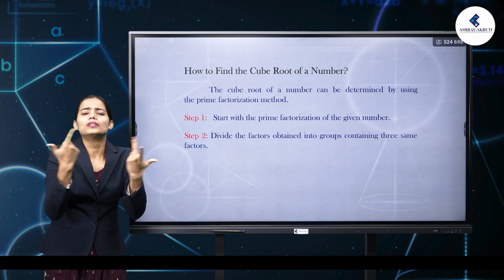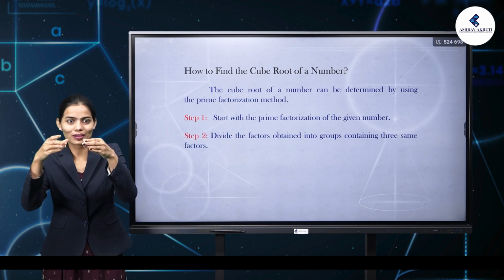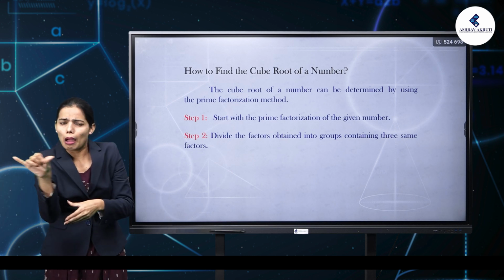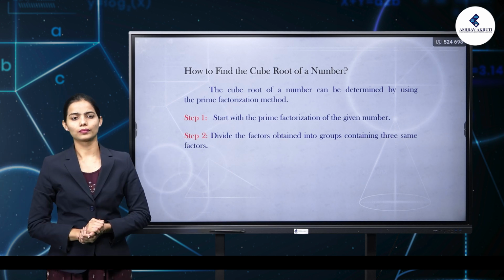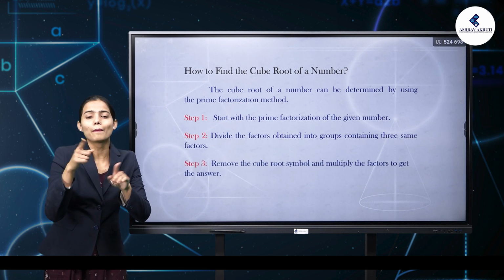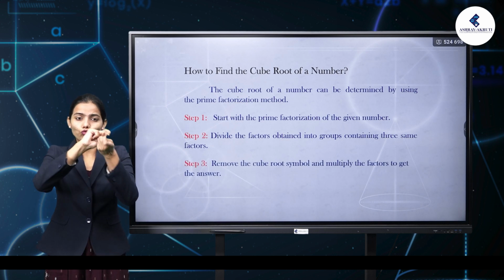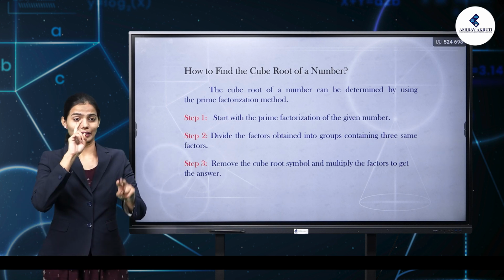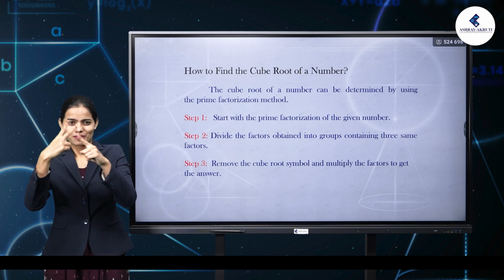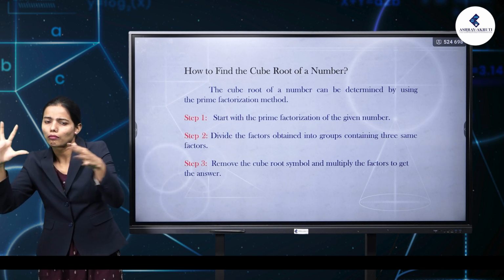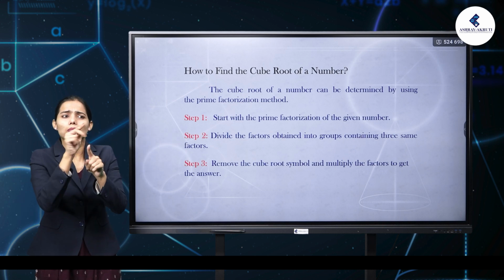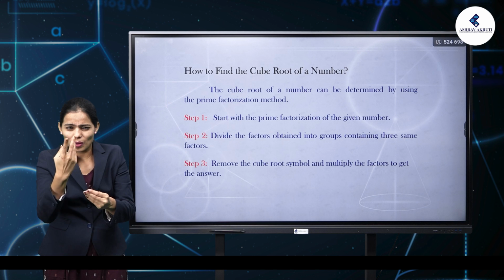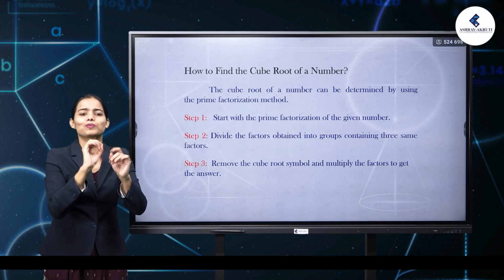Then divide the factors obtained into groups containing 3 same factors. Step 3. After that, remove the cube root symbol and multiply the factors to get the answer. If there is any factor left that cannot be divided equally into groups of 3, that means the given number is not a perfect cube and we cannot find the cube root of that number.